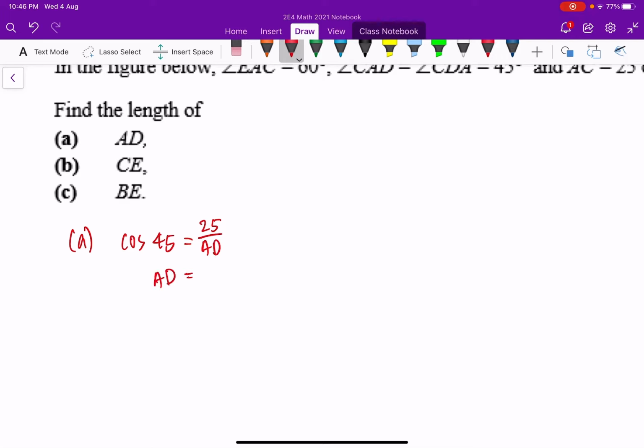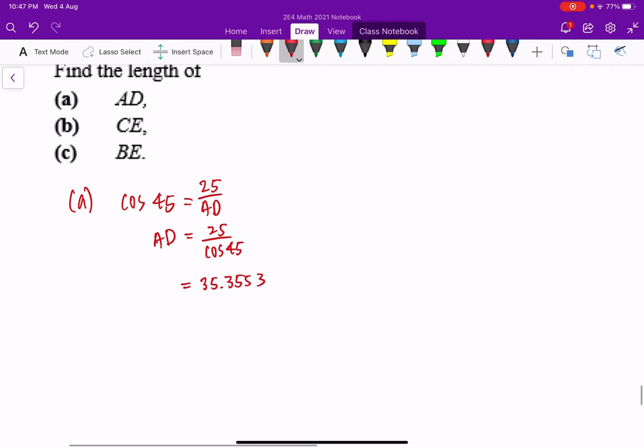So my AD can move to the left, and 25 would then have to be divided by cosine 45 when I divide cosine 45 on both sides. Okay, in calculator, you get that this is 35.3553. Let's keep 6 SF. And my final answer is 35.4 cm. Three significant figure.